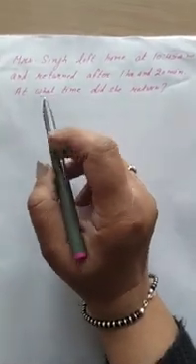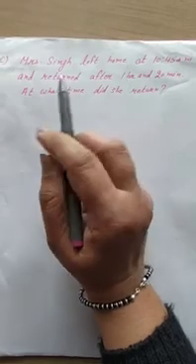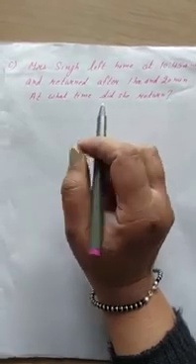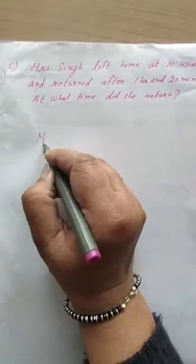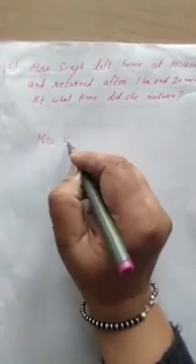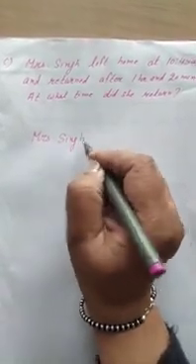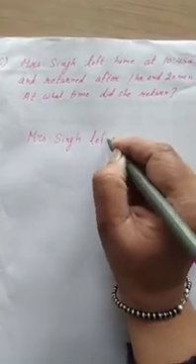Now we will do the C part of that question. Mrs. Singh left home at 10:45 a.m. and returned after 1 hour and 20 minutes. At what time did she return? Now first of all we will make a short statement. Mrs. Singh left home.